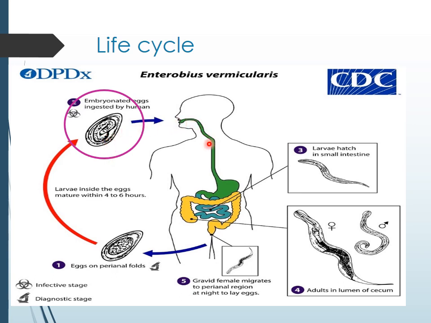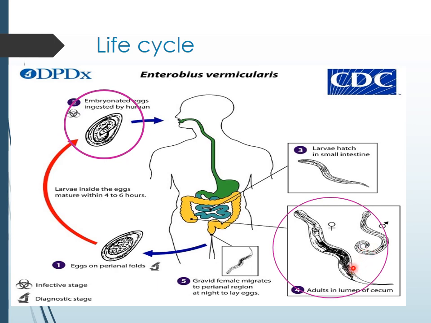Once the egg is swallowed, in the small intestine the larva comes out from the egg, and when it reaches the large intestine and cecum, it converts itself into adult worms. The smaller is male and the larger is female.